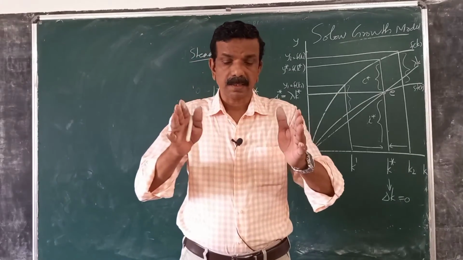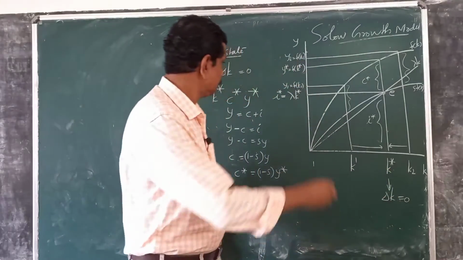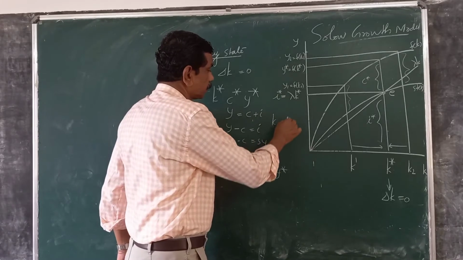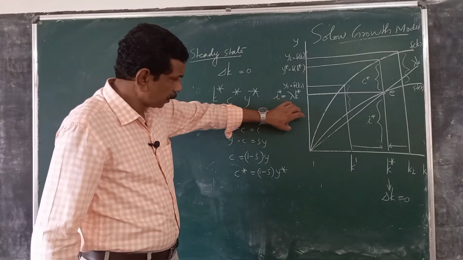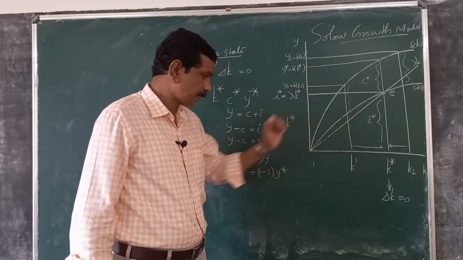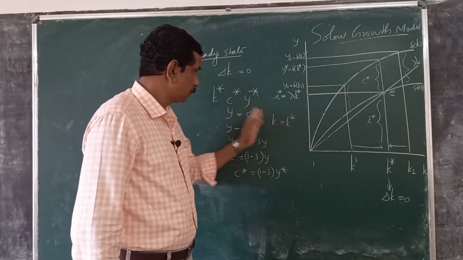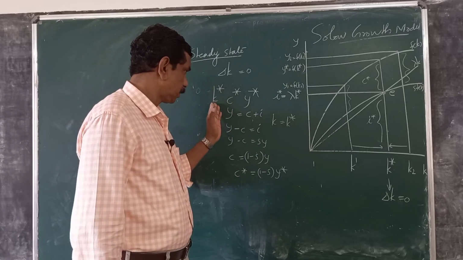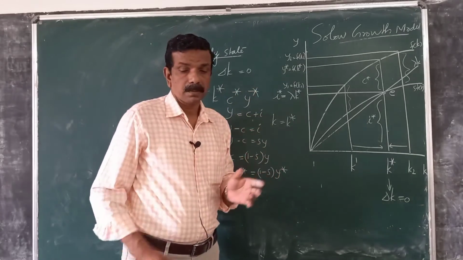If the economy starts initially with K not equal to K star, whether it is greater than or less than K star, ultimately it moves to the point where K is equal to K star, C is equal to C star and Y is equal to Y star.